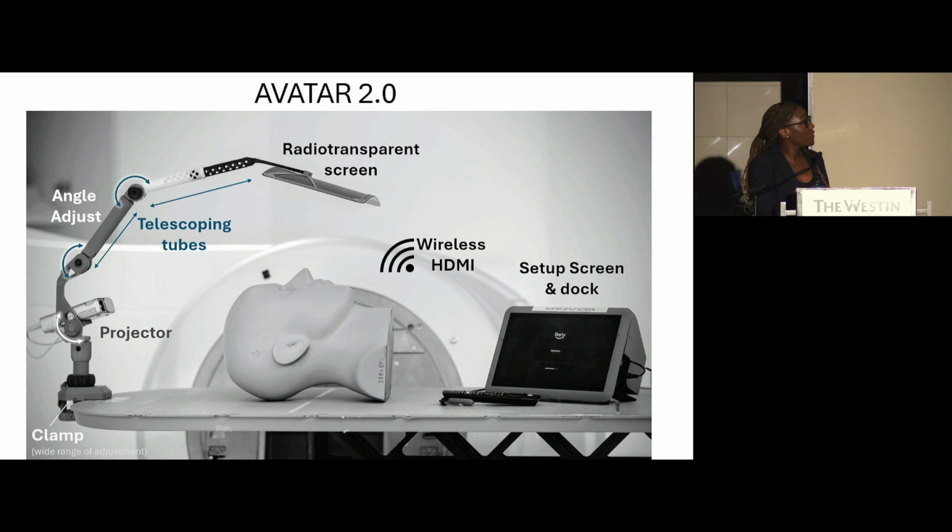This allows for more flexibility to adjust to different treatment setups. So you can move this up, down, and you can also move this part of it. And again, we still use that thin, low atomic screen. And then we have also incorporated an iPad or a Fire Stick and a dock system to use with this, making it more user-friendly for different centers.